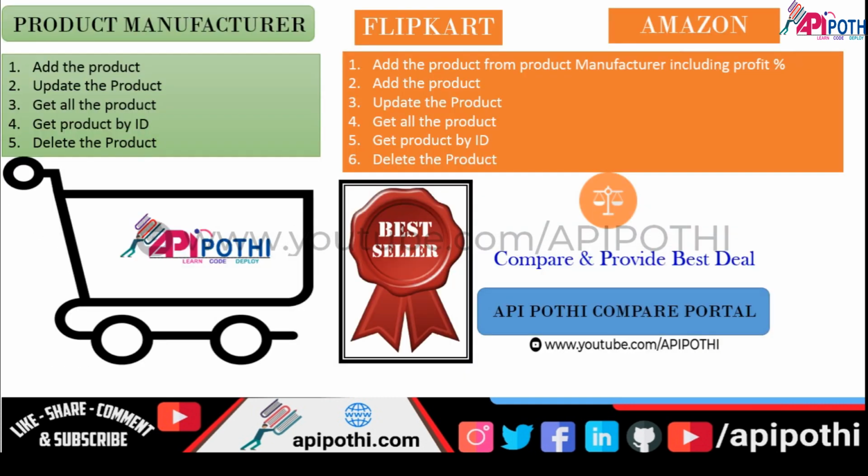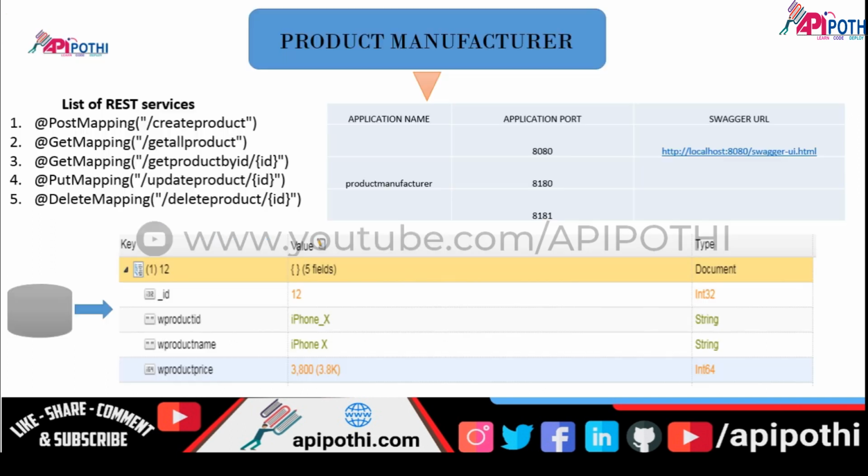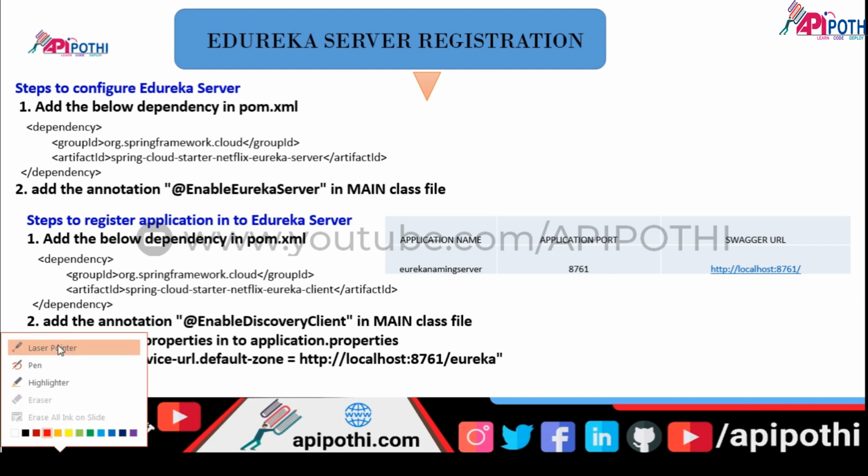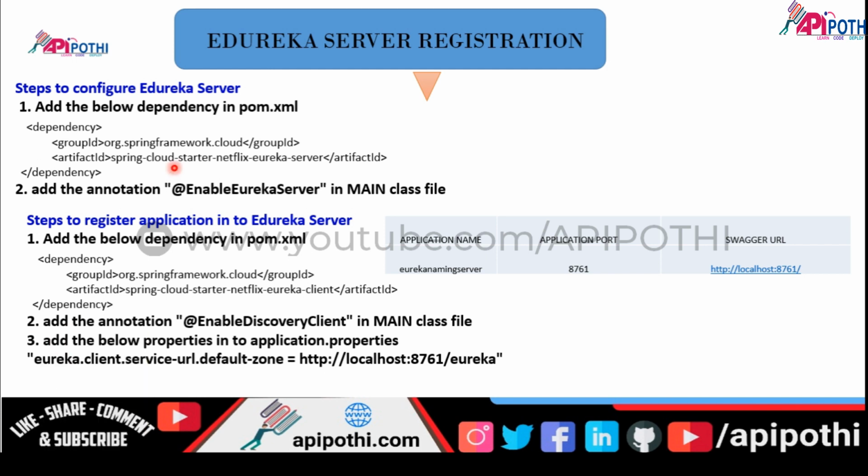Later, when we complete our Flipkart, Amazon and API Pothi compare portal, these three services we can also register inside our Eureka naming server. So what is the use of the Eureka naming server? The Eureka naming server is basically used to understand the status of each and every microservice, whether it is up or down.